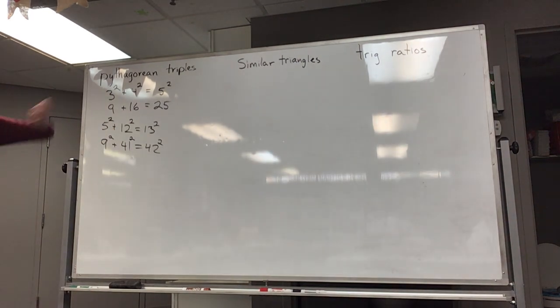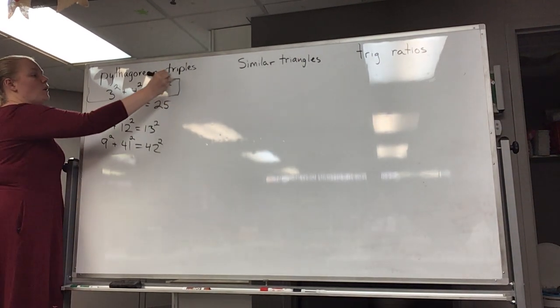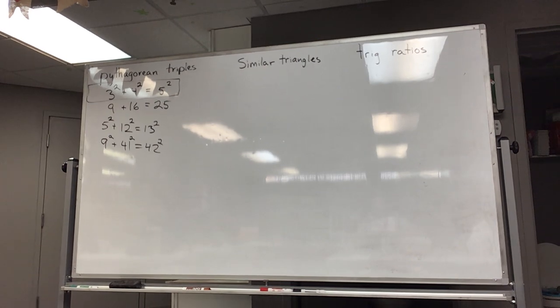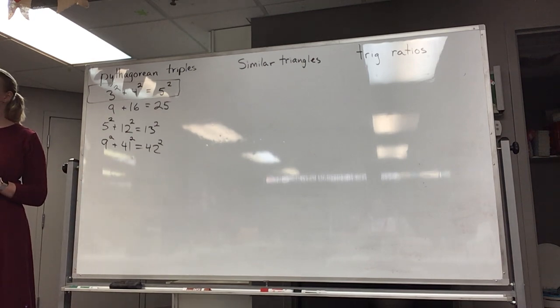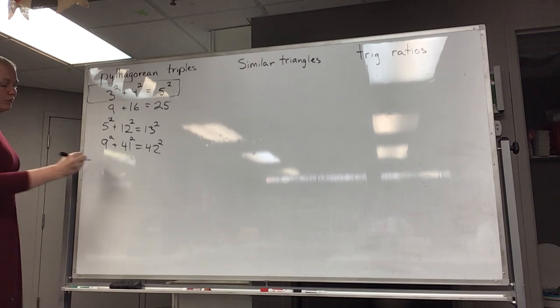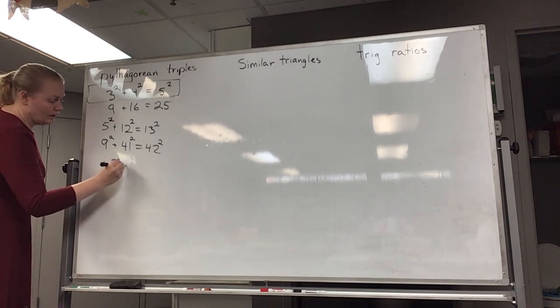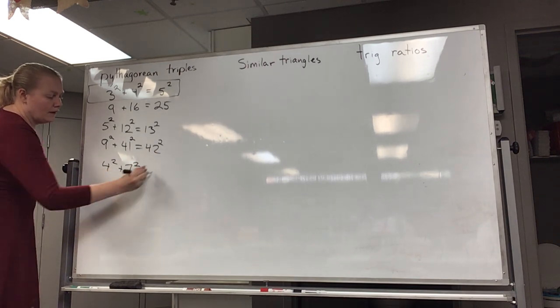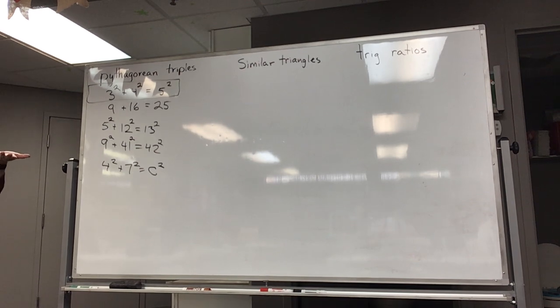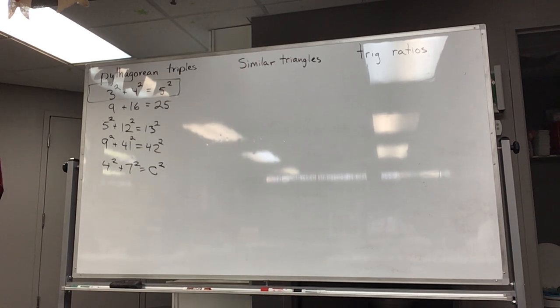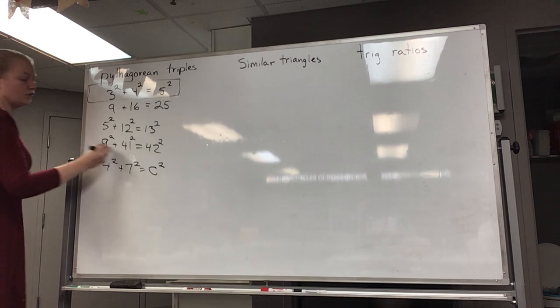Again, this is the one that I can about guarantee will show up. The others, maybe. But those Pythagorean triples are things that work for these perfect, all even numbers. If I pick numbers at random, for instance, 4 squared and 7 squared, this is going to end up being a root of something or a long decimal, depending on how you answer it. But it's not these nice, pretty numbers.